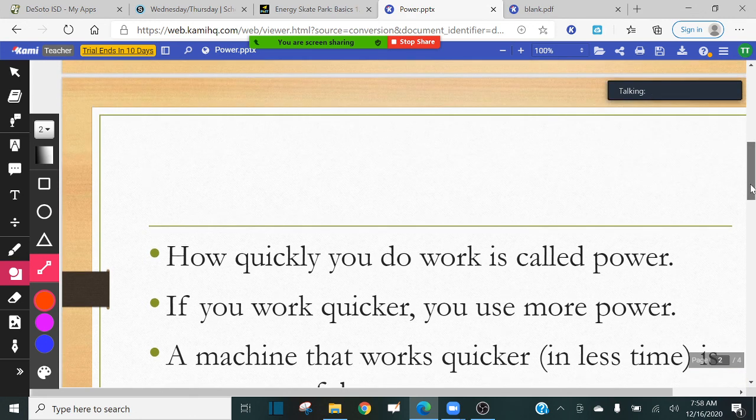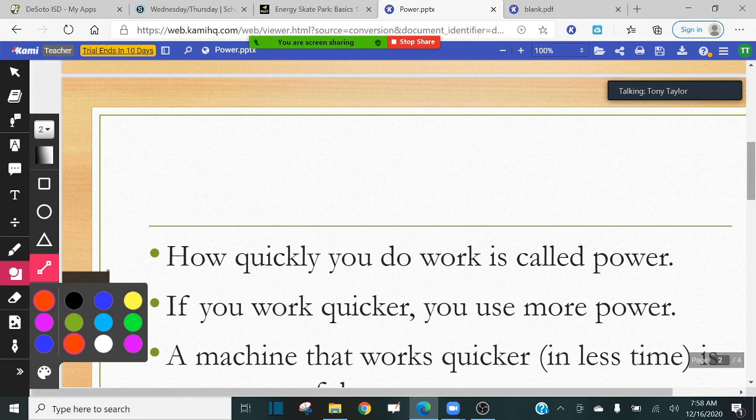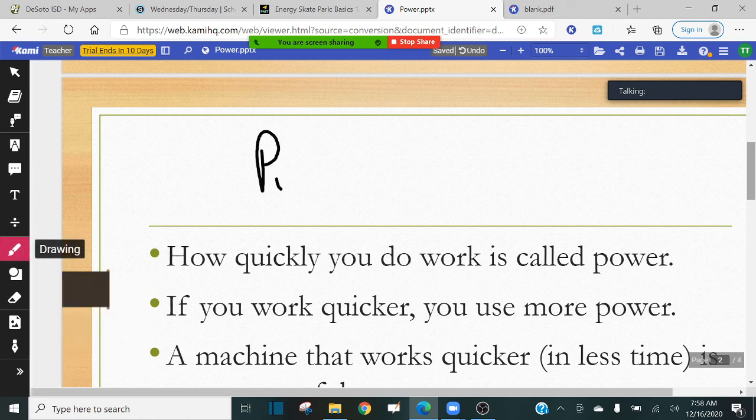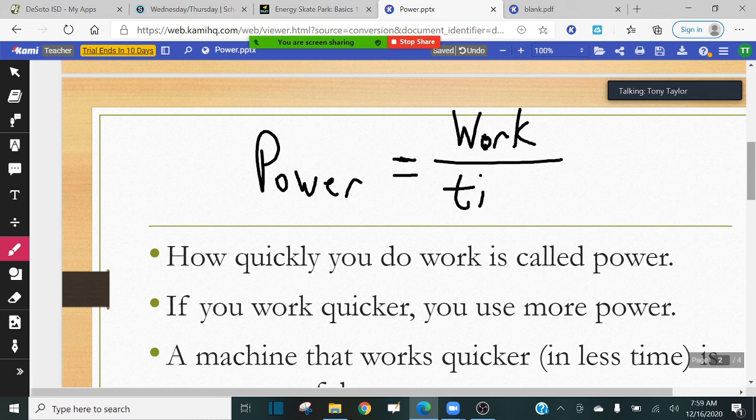So that brings us to our definition for power. I'm going to write this down because this is an equation you guys are going to be using on the test. Power is equal to work done divided by time. So time is important whenever you're talking about power.